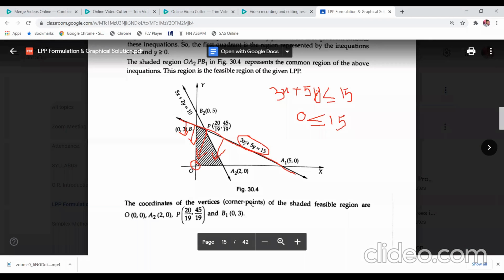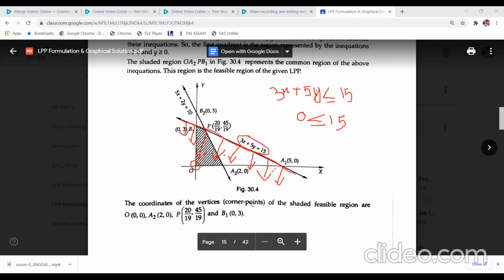So the solution region will be what? Downside. This will be the solution region. This is the whole solution region of this line.